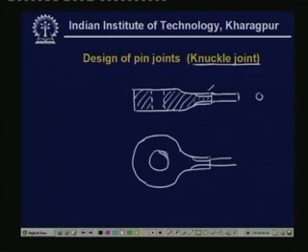So this is one part, and we are going to connect this. This is a continuous rod which has some diameter d, and this is connected to the other member like this.